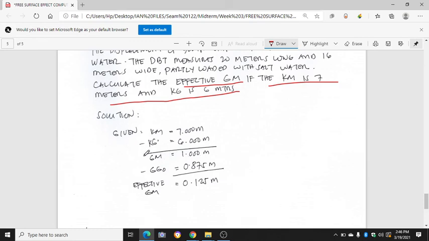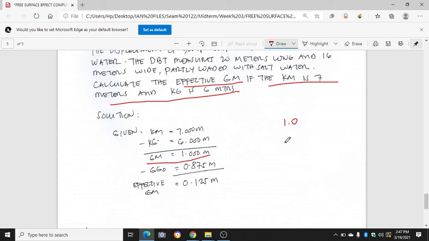Given KM of 7 meters minus KG, your GM is 1, correct? Since there is a rise of KG and a reduction of GM, at first your GM is 1.0.